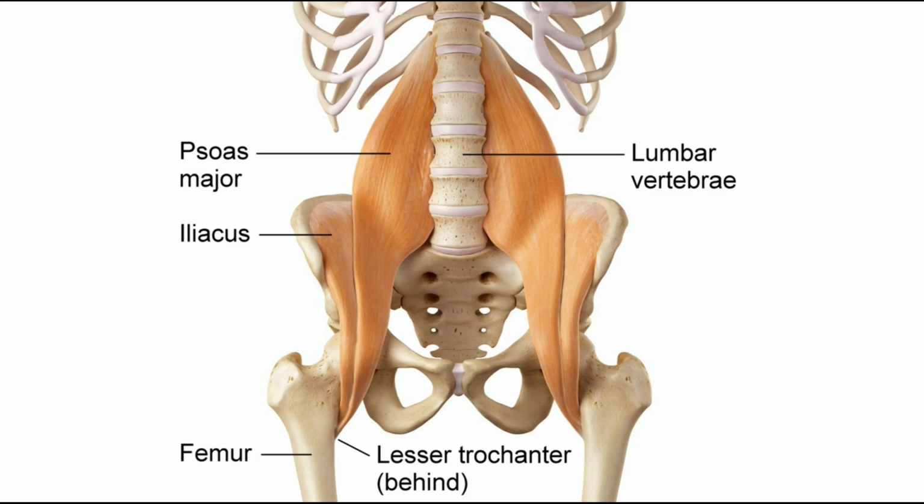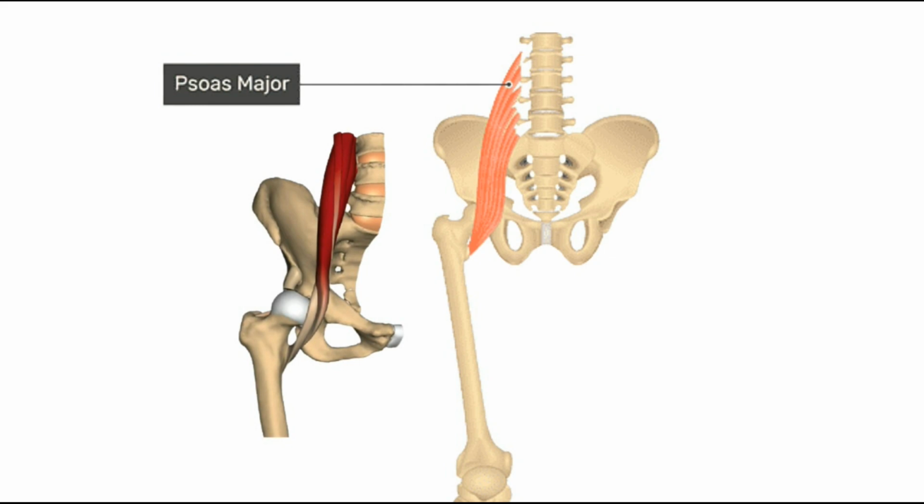iliopsoas muscle. Now let's first discuss a little on the psoas major muscle. As we're looking at it here, it has several origins. The first group of origin is established on the lateral side of the T12 and the L5, located up here where you're seeing the cursor, and it would run down to the L5, which is the T12 and the L5 vertebra.